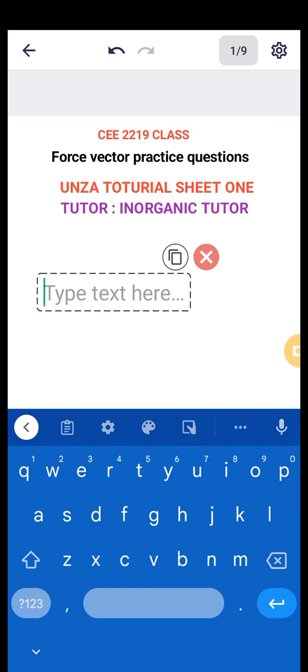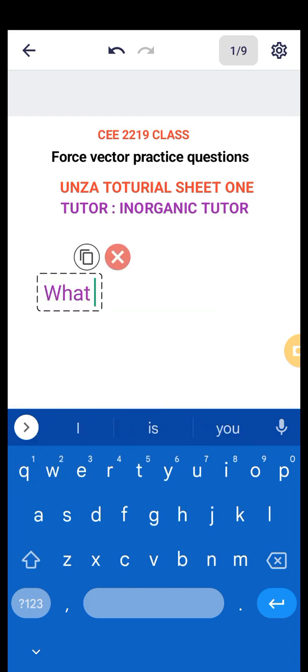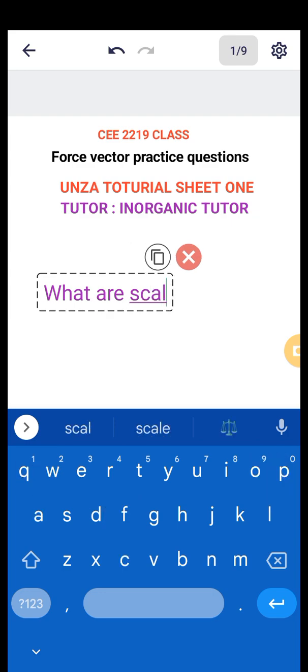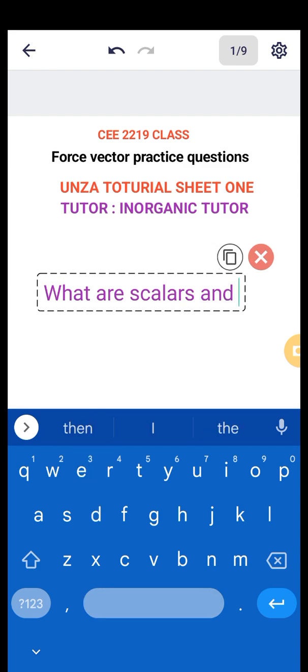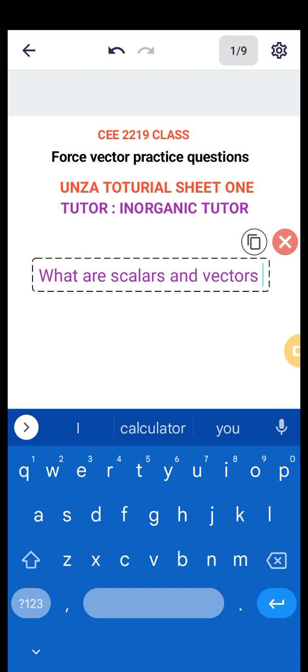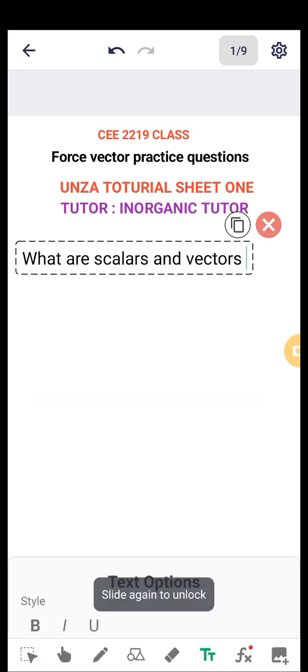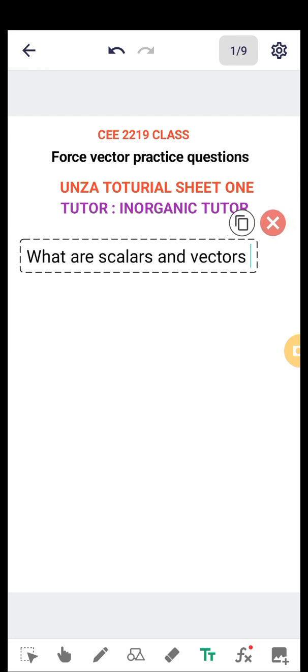So we're saying, what are scalars and what are vectors? This is the basic idea which you need to understand before you do anything on this topic.